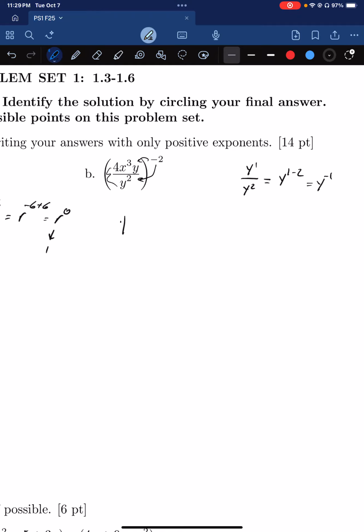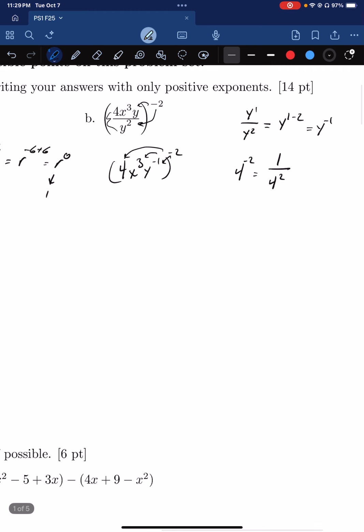So we can rewrite this as 4x cubed y to the negative 1, and then we keep that to the negative 2 power there. 4 to the negative 2 power, we're going to, again, distribute this negative 2. 4 to the negative 2 power is the same as 1 over 4 to the second power. That was, again, one of those exponent rules. So this can be 1 over 16.